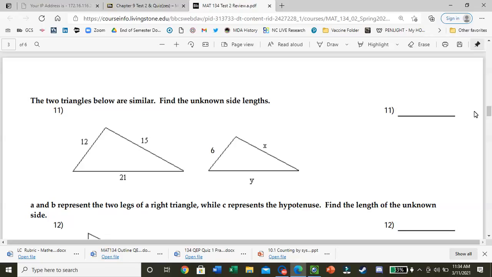The sides are different from one triangle to another, so they're not congruent, but they are similar, meaning they have the same angles inside, same shape but different lengths to the sides. Okay.